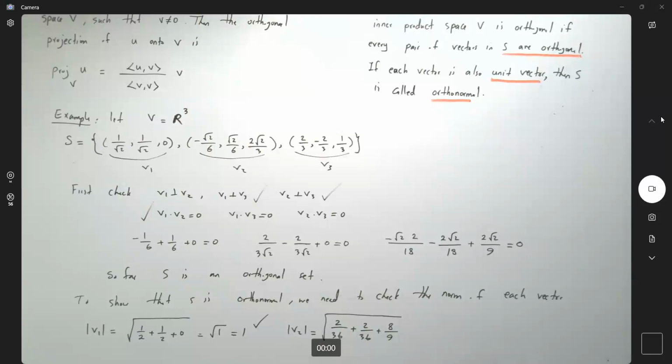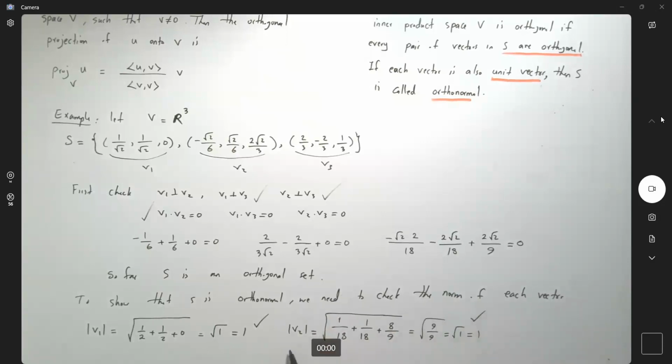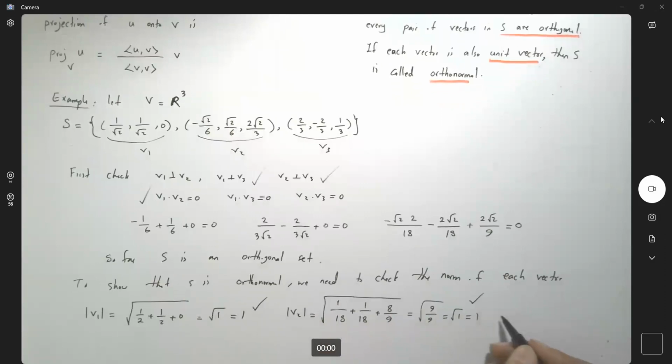We can simplify this. Here you get 2 divided by 36, or 1 over 18, 1 over 18. So 2 over 18, 1 over 9, square root of 9 over 9, or square root of 1, which is 1.